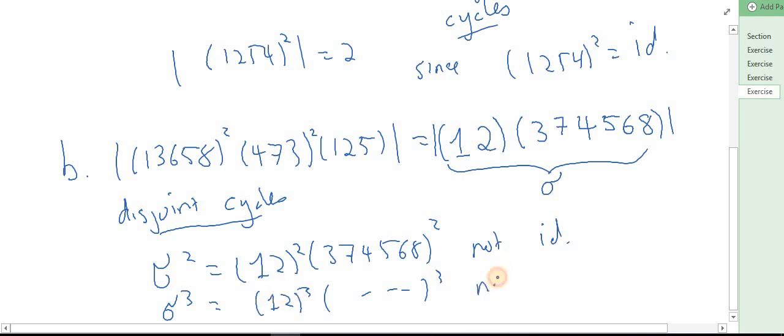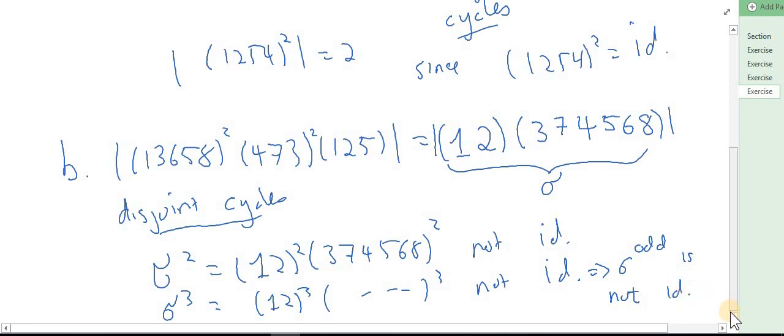That's (1 2), so that's not the identity. So we can see right away that sigma to any odd power is not the identity, because this (1 2) to any odd power is not going to give me the identity. So sigma to the odd is not the identity.